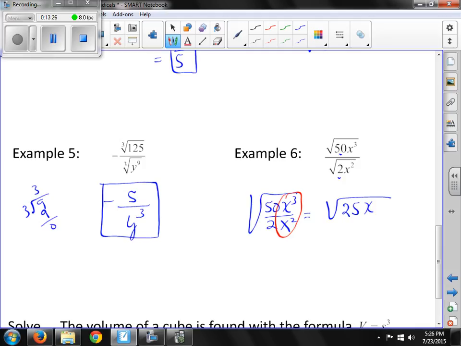Square root of 25 times the square root of x. Square root of 25 is 5. The square root of x stays under the radical. You cannot break that down because the exponent on this one is a 1, which is smaller than the 2, so it won't divide. So we get 5 square roots of x here.